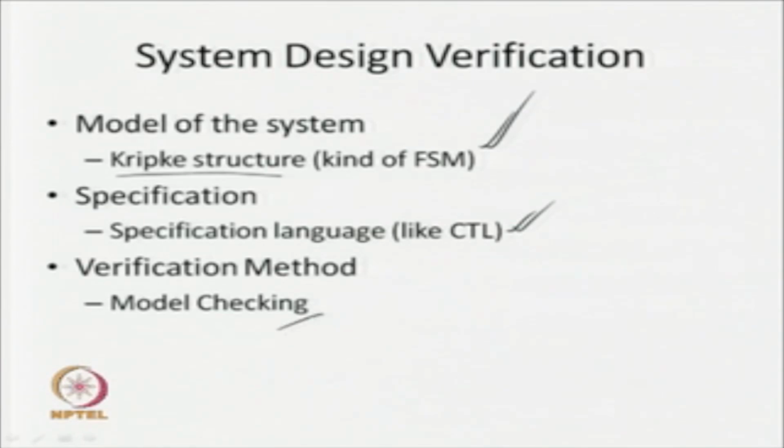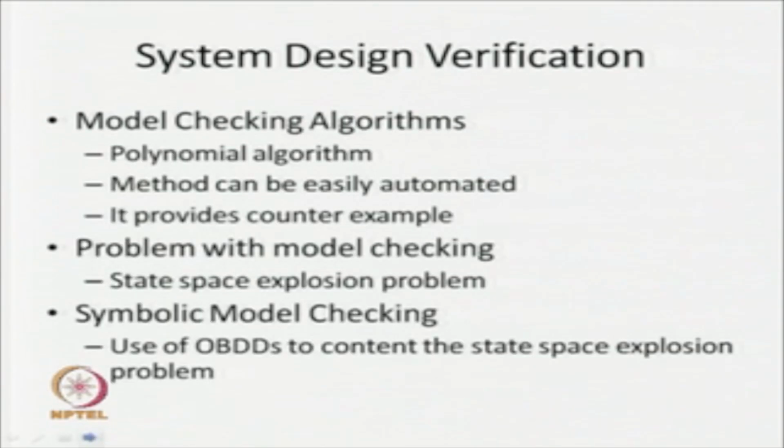For that, we use the model checking algorithm. When we look into the model checking algorithm, we observe that we get a polynomial algorithm. This is the beauty of the model checking algorithm. In particular, for the CTL model checker we get a polynomial time algorithm, which can be manageable, can be handled, and the method can be easily automated.